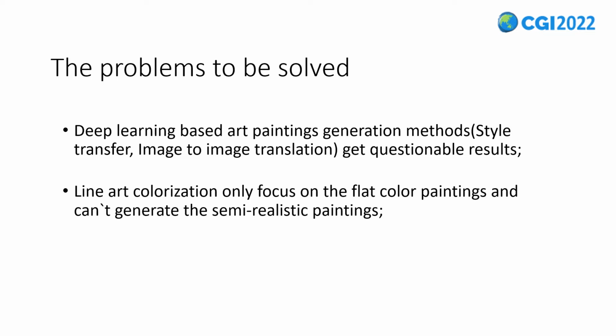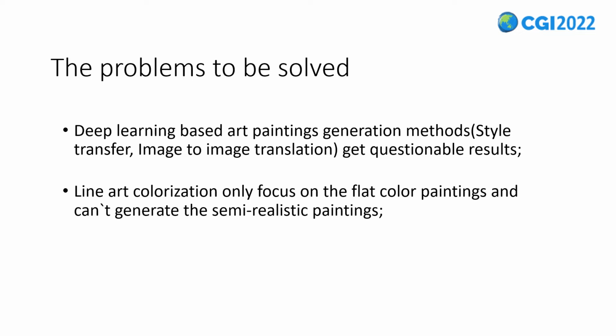Based on deep learning, there have been many works focusing on art painting generation. Some works use style transfer or image-to-image translation to generate art paintings. If we use this method to complete our goal, it will get questionable results.